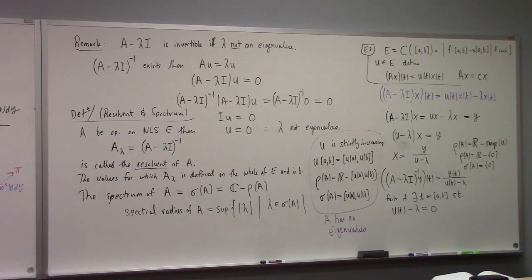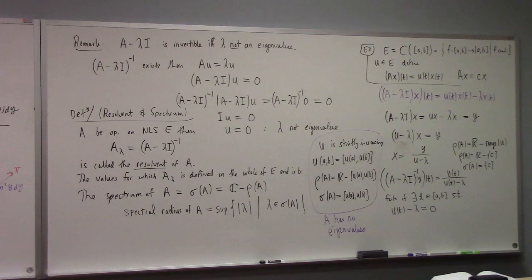So why is it that if U is strictly increasing, it can't be an eigenfunction? We just need to think about the definition that's given here. It's going to be something relatively simple. Let's just write it down and think about it, right?